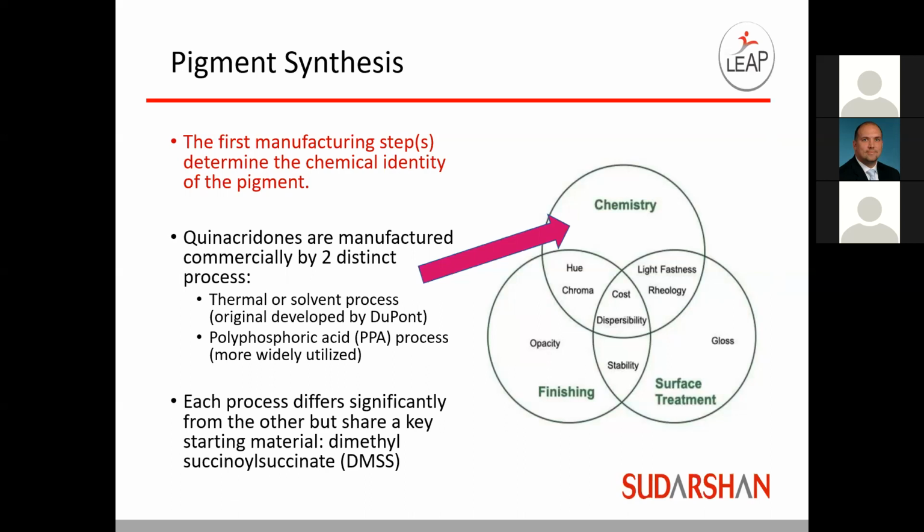And the second one is the polyphosphoric acid or PPA process, which is a more widely used type of process. Each of these processes differ significantly from the other, but they both share the key starting raw material, which is the DMSS.